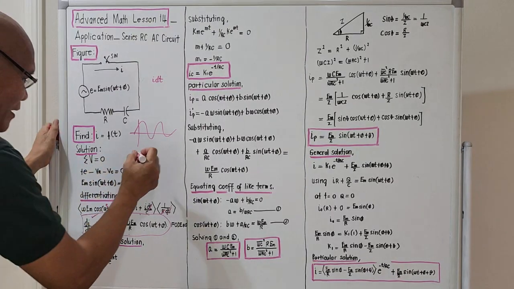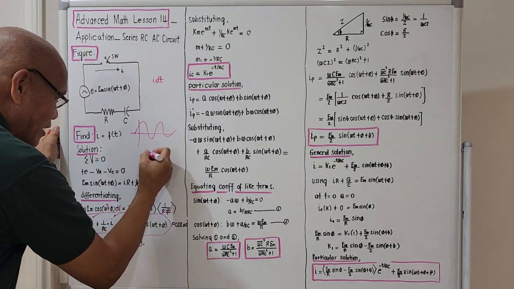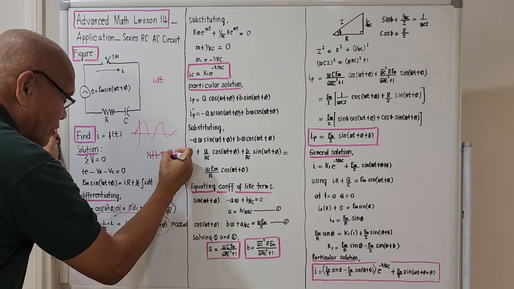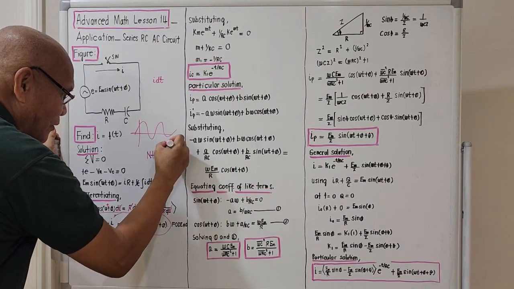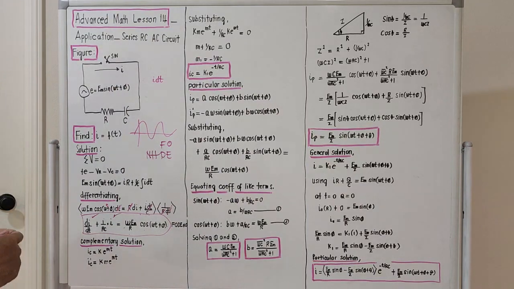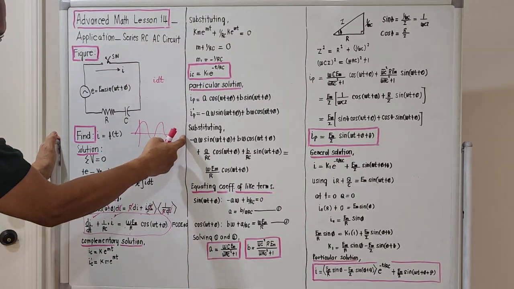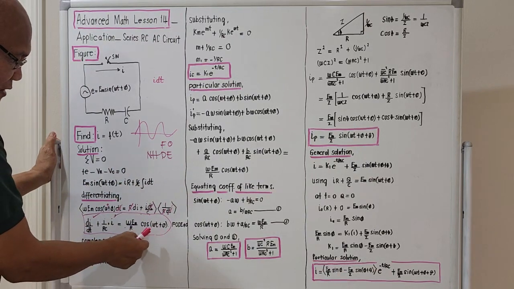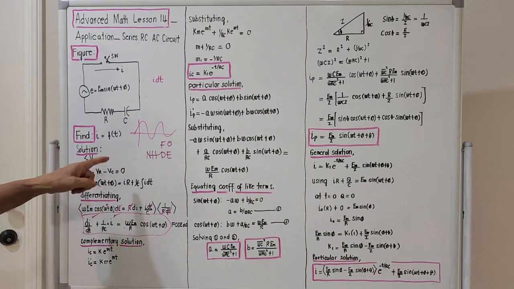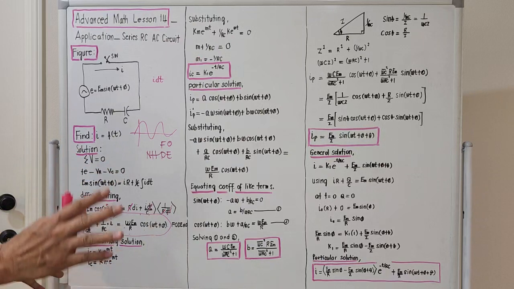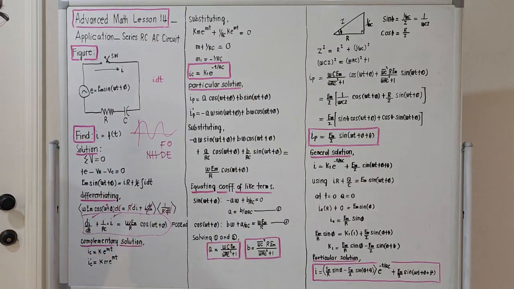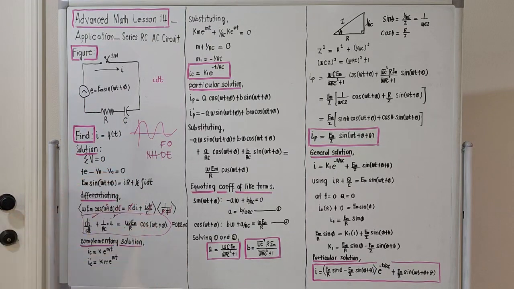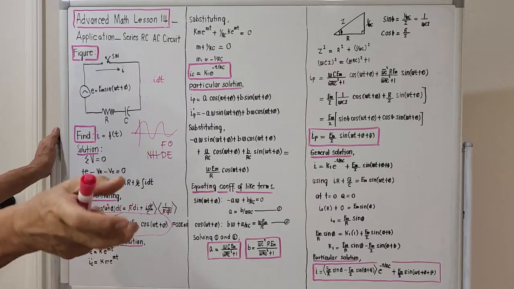So the resulting equation is a non-homogeneous differential equation, and it is first order, non-homogeneous since the right hand side is not equal to 0. So to compute for current as a function of time, we shall try to bring out two solutions, the complementary and the so-called particular. Okay, let's go with the complementary.